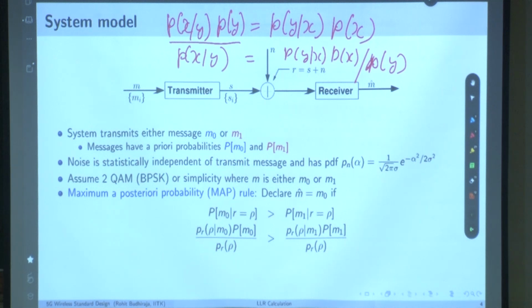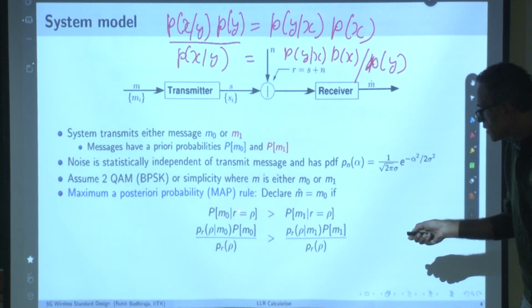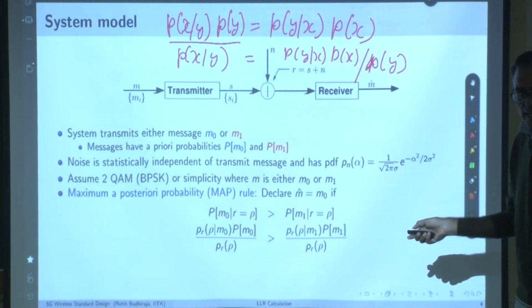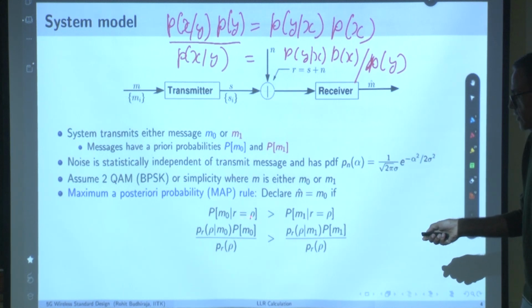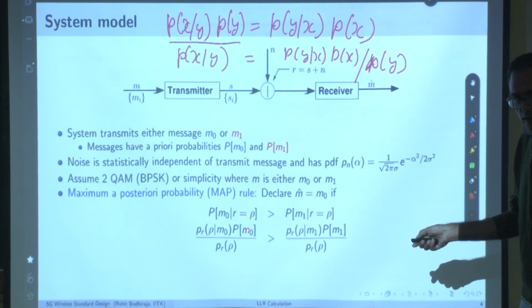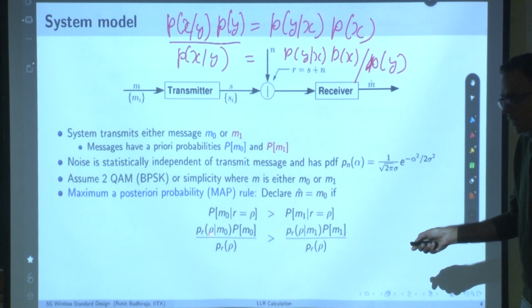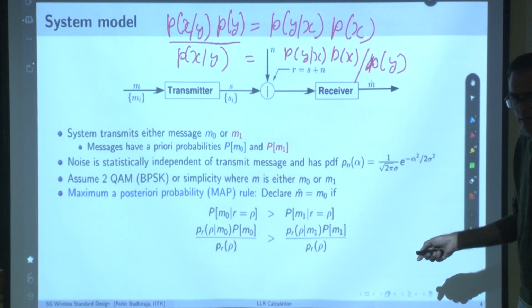Okay. So if you carefully look at this, what are we doing here? We are doing the same thing. If you treat this as x, you treat r equal to rho as y. What am I doing here? X given y, I am writing as y given x, probability of x divided by probability of y.